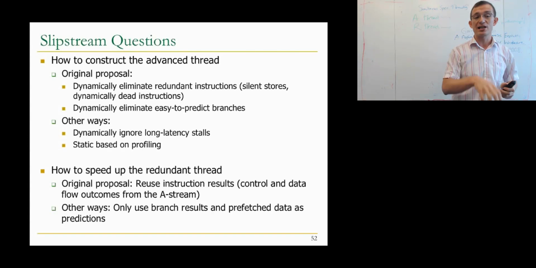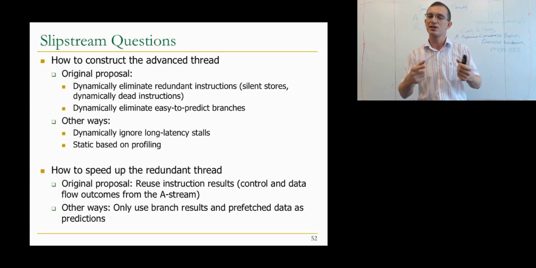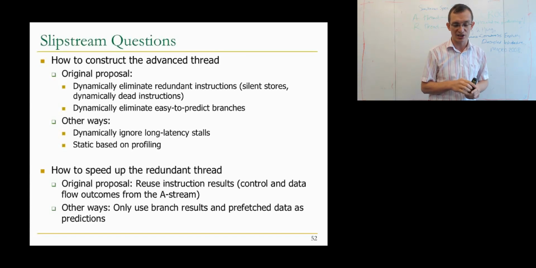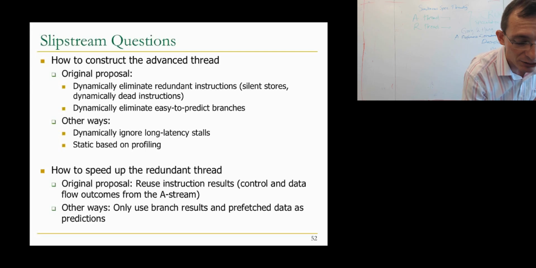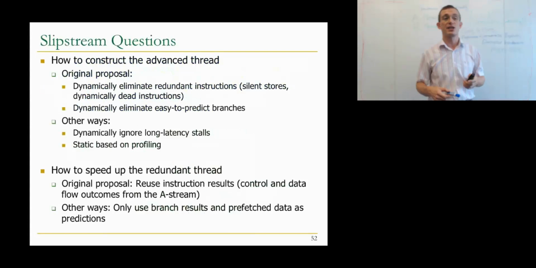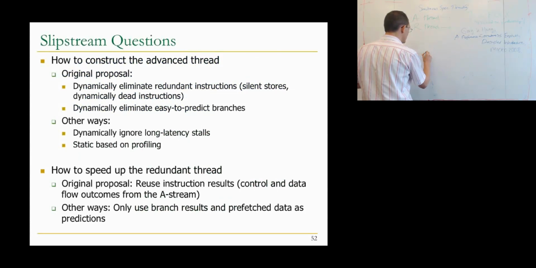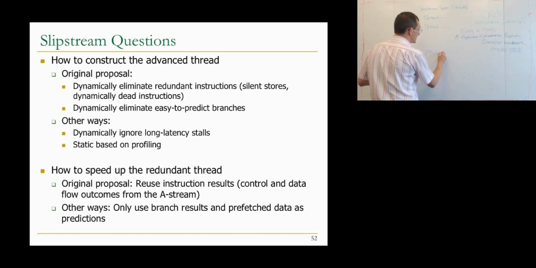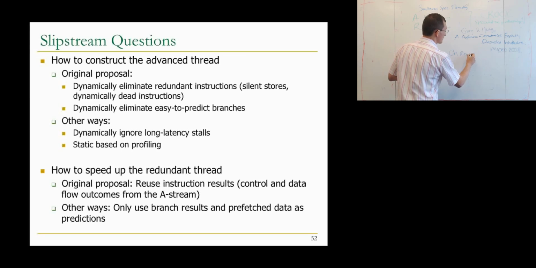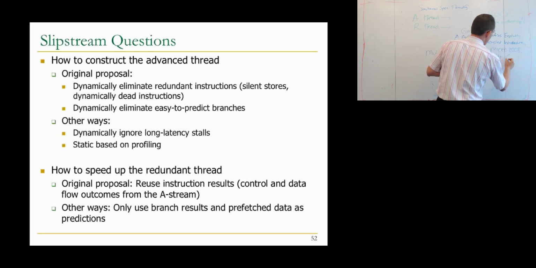You can only use branch results, for example, to simplify things, or prefetch data as predictions. So the original proposal actually didn't evaluate the impact of memory because memory latency was very short in the evaluated architecture over there. So there are a lot of issues in reusing some of these results, and I'd recommend one of the papers that we have written in IEEE Computer Architecture Letters about reusing the results of pre-executed instructions in a run-ahead execution processor.